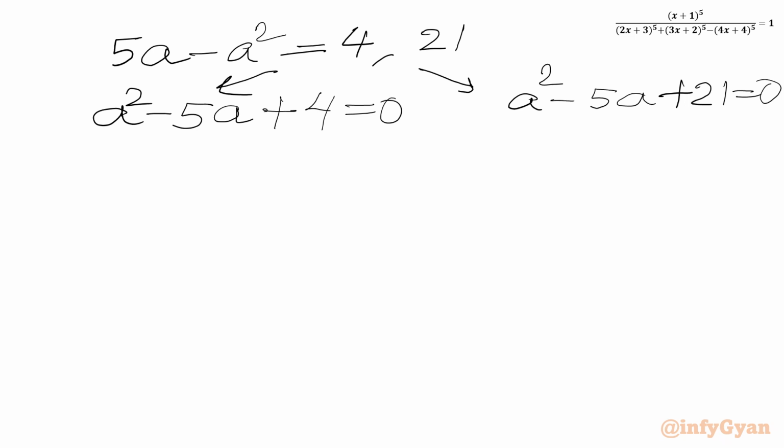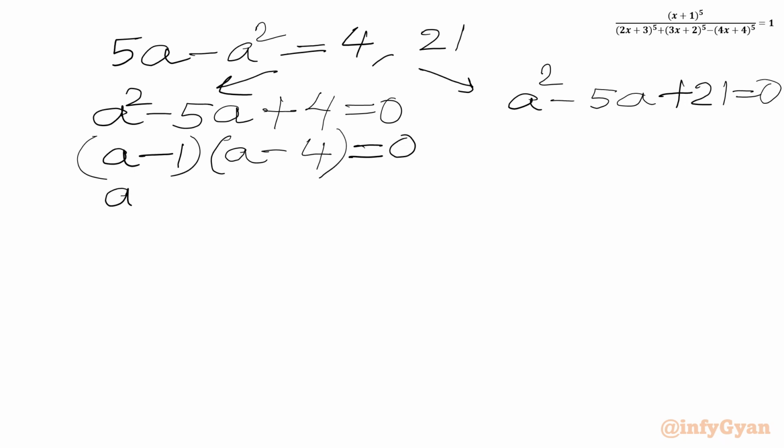Now we can easily factorize our first quadratic equation as A minus 1 times A minus 4 equal to 0, by splitting minus 5A as minus A minus 4A. Using the product 0 rule, we get A equal to 1, A equal to 4.